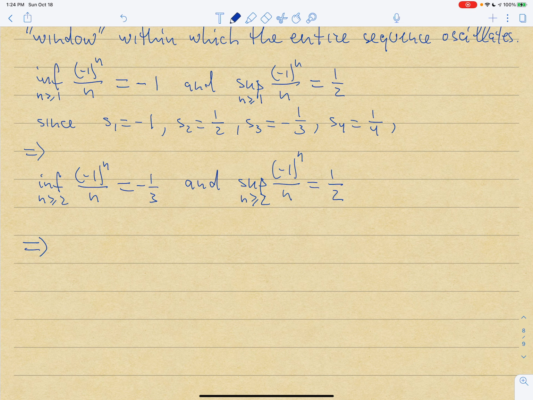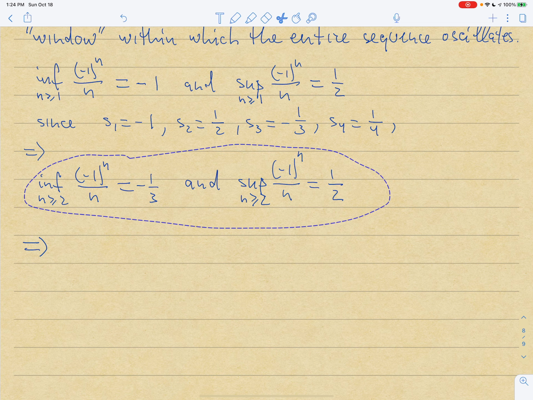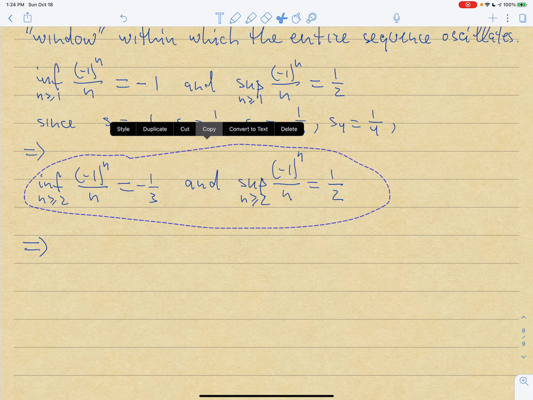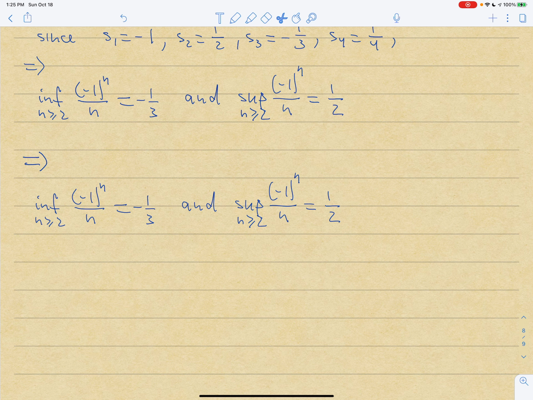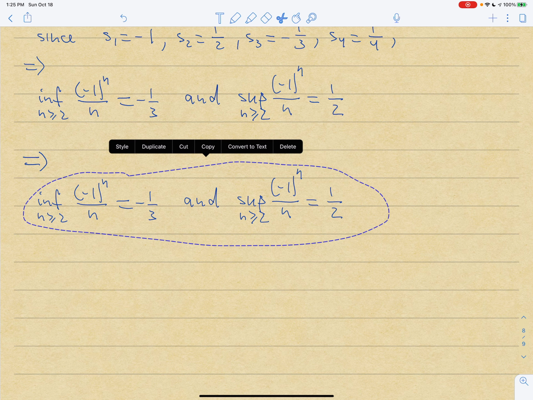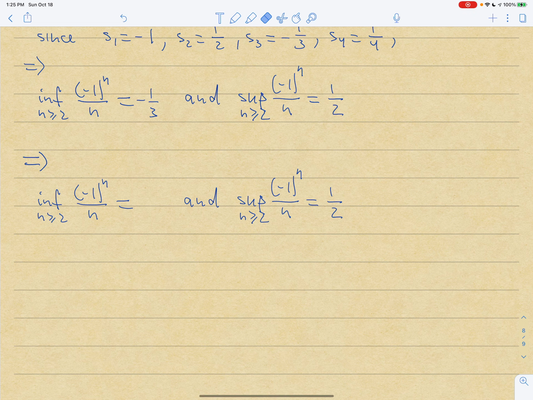So now I'm going to get rid of S1 and S2 and take infimum and supremum starting from n equal to 3. So let's do that. And how are things going to change? They're going to change in the following way.